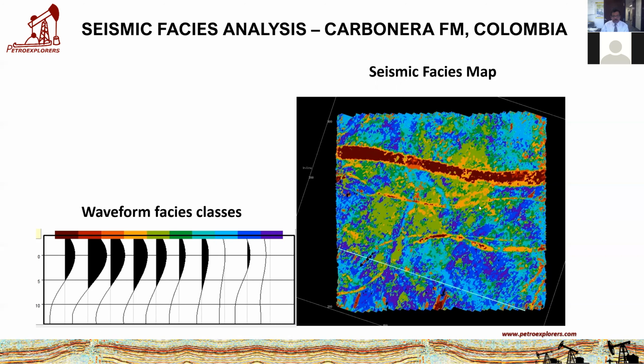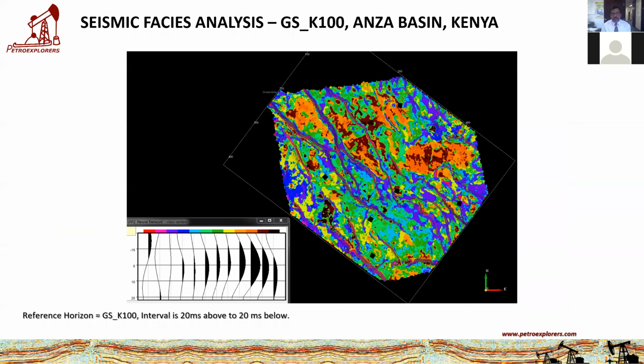So there is stratigraphic possibility along with the structural mapping. There is a bit of work in Africa, in the Kenya Anza Basin. So there is a lot of information you can get based on any of the features, how the sand and shales or the trapping system developed.